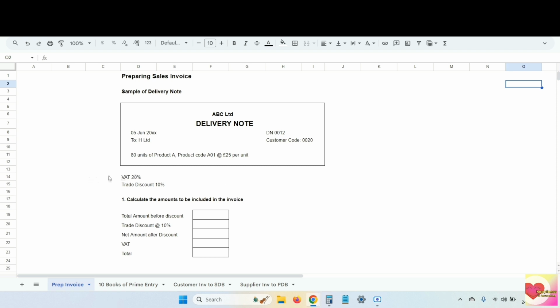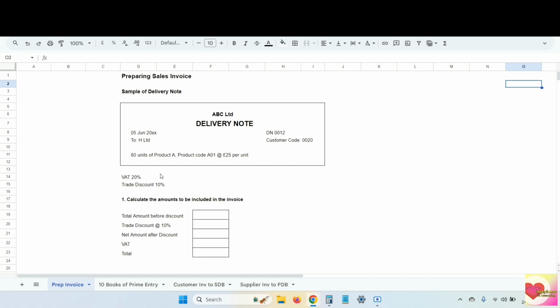The VAT rate is most of the time 20%. However, if you are not sure, don't worry because the VAT rate is always indicated. The company also offers a trade discount, which is 10%, so this will also be included in our sales invoice.